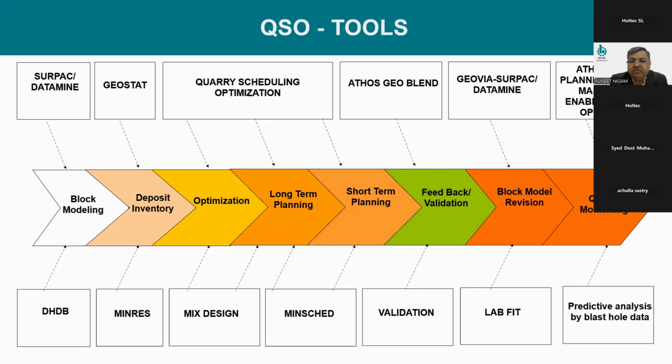And then again, when we have blast hole data, we go back to block model revision with geostat and SURPAC planner. After that, we go for Ethos GeoPlanner and Quarry Master. We have this software also, and then we go for our AI-enabled blend optimizer, which works on the blast hole data. And at the bottom, it's the block model.